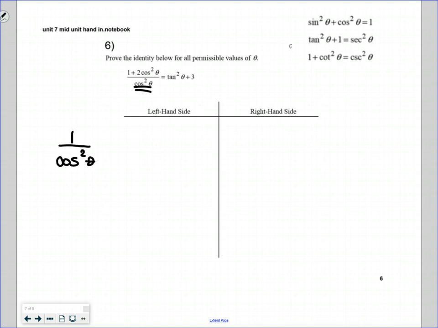So it'd be 1 over cos squared plus 2 cos squared over cos squared. Simplifying is always good. So because of that, I'm left with 1 over cos squared theta plus cos squared over cos squared cancels plus 2.